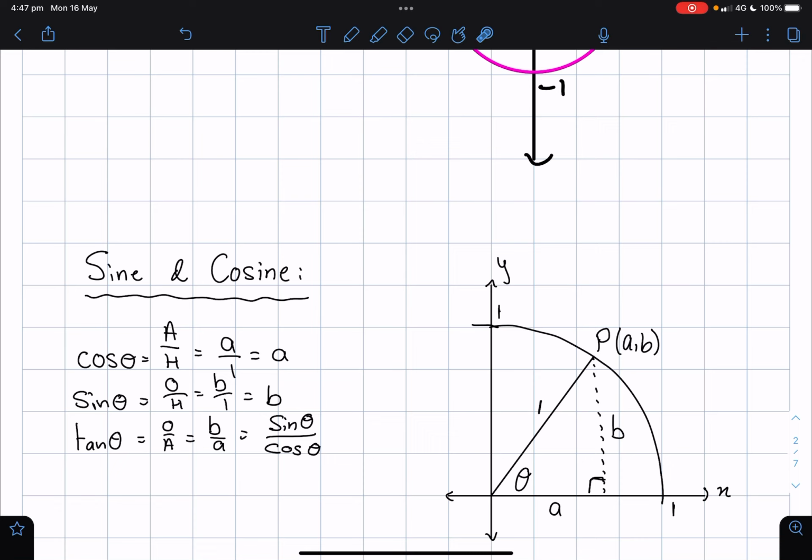And then we get a bit of a funny result here. So tan theta is B divided by A, but up here we've defined sine theta to be B and cos theta to be A. So we've got tan theta equals sine theta over cos theta. Now, hold on to that because we will come back to that a bit later.